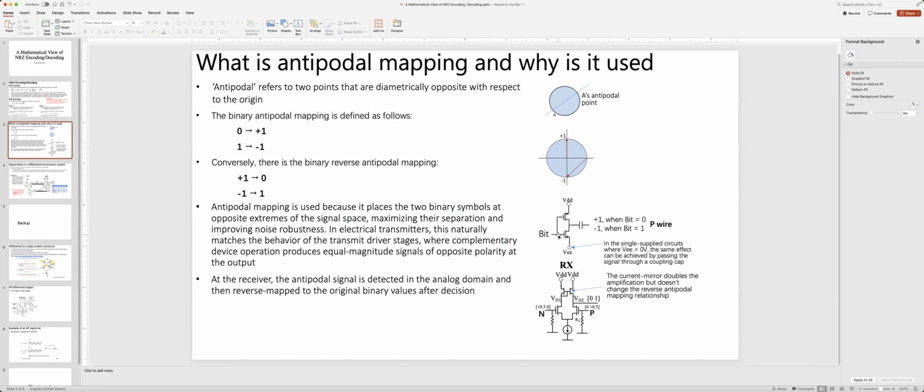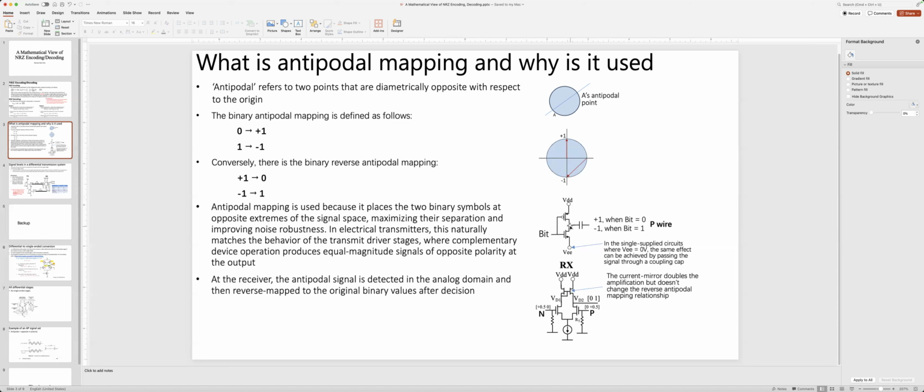And naturally, if we input a binary signal into the driver stage, we will see an antipodal signal presented at the output. For example, if we input 0 or 1 here, we will see the swing here.